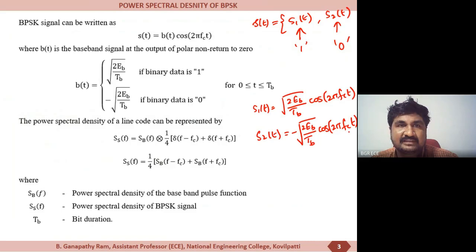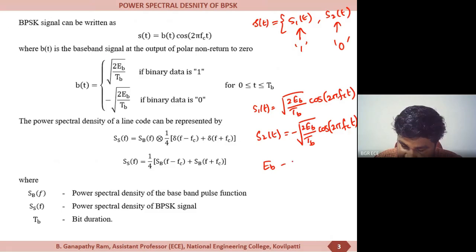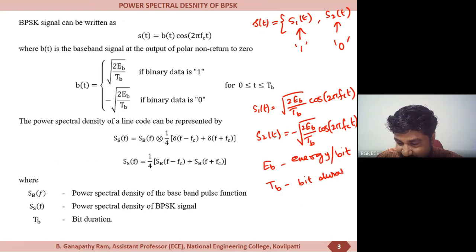Hence, the BPSK signal can be simply represented as S of t is equal to B of t into cos 2 pi FCT. And the multiplication of cos 2 pi FCT will shift the spectrum from the base band to the pass band, which is centered around the carrier frequency Fc. And in these expressions, EB is representing energy per bit and TB is the bit duration measured in seconds.